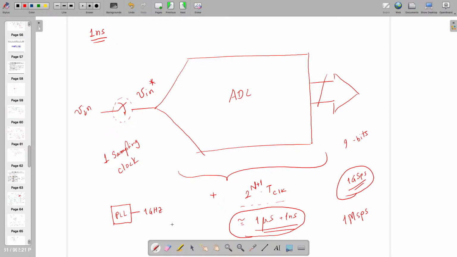So if a 10 megahertz signal is available, and you are designing 9 bits, you may land up with something like almost 100 kilo, 10 kilo, right? This is 10 kilohertz. So this is the way this particular ADC can give you the slow speed only.